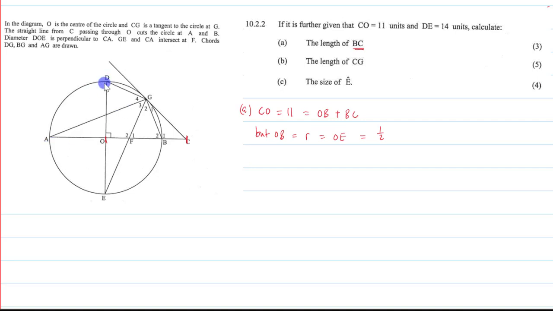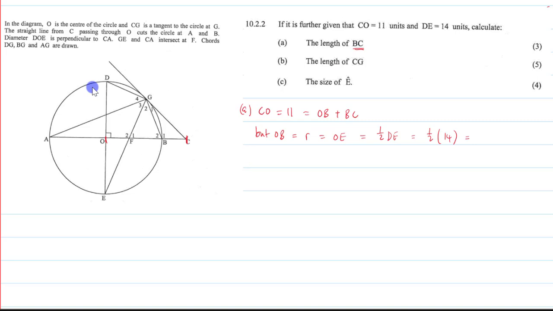We are told that this line D to E is equal to 14 units, and we know that it is going to be the diameter because it's also given in the question that DE is the diameter of the circle. So if I know that this OE, or the radius, is equal to half of DE, then that's equal to half of 14.